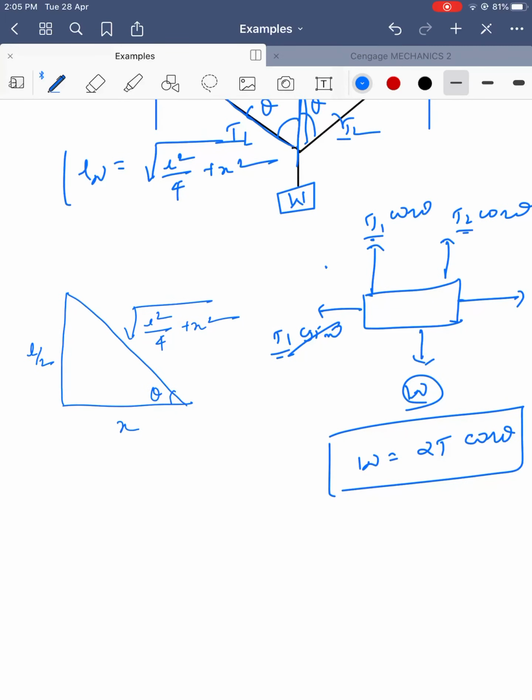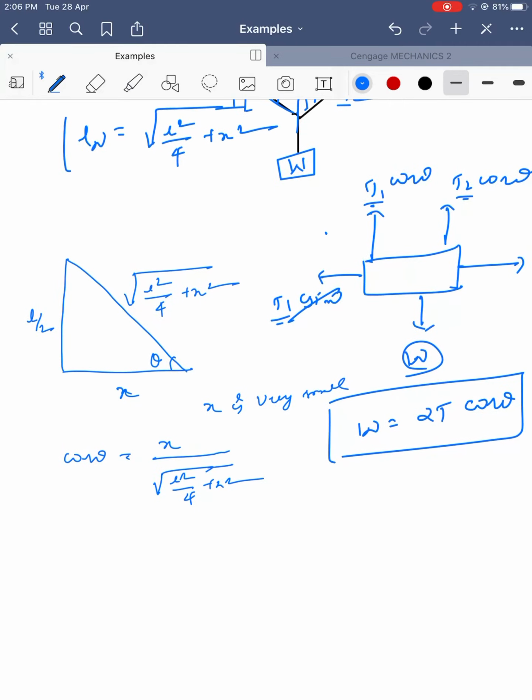We consider theta to be very small, so x is very small. So cos theta is equal to x divided by the square root of L square by 4 plus x square.